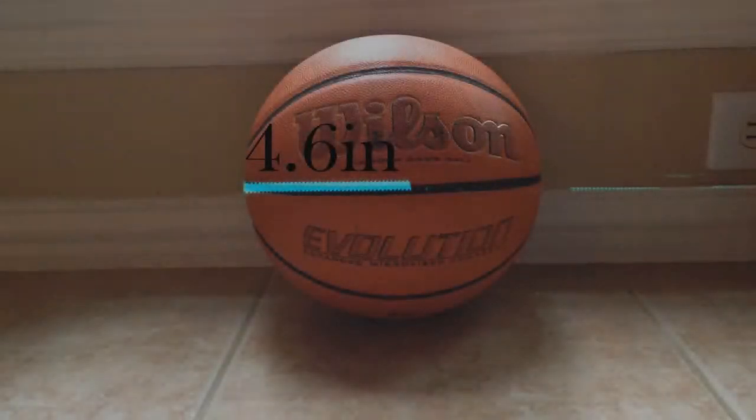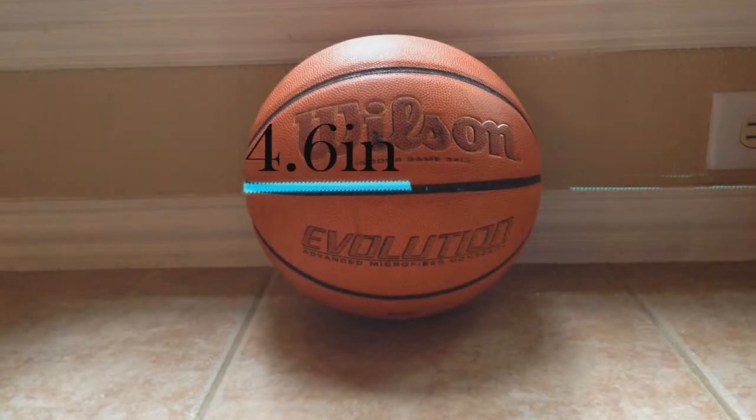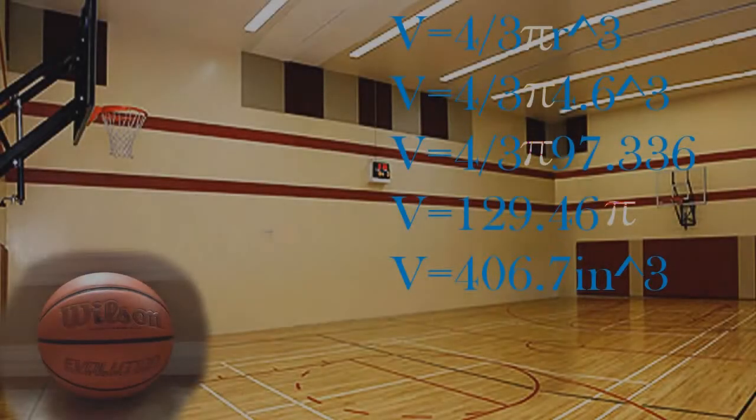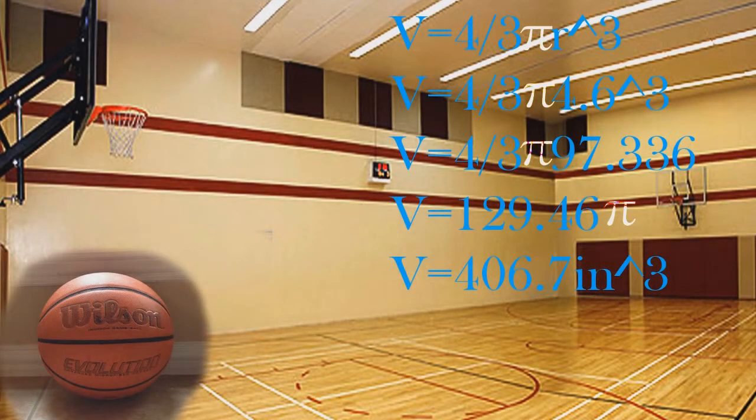Now here is our third ball, and the radius of this ball is approximately 4.6 inches as opposed to 3 and 4 as the previous two. Now to plug in this radius for the volume of this ball, we will obviously do the same as the first two, just with a different radius once again. So you'll plug in the formula as 4/3 pi r to the third power.